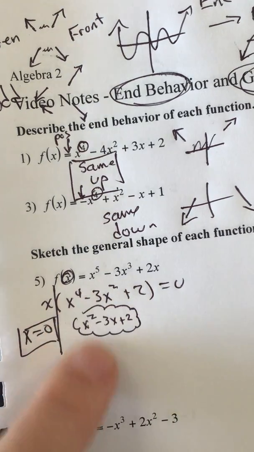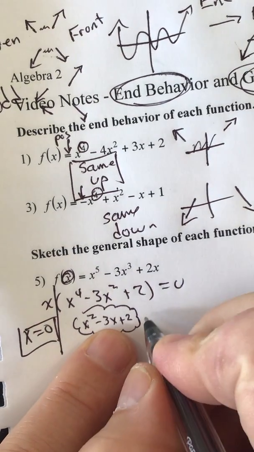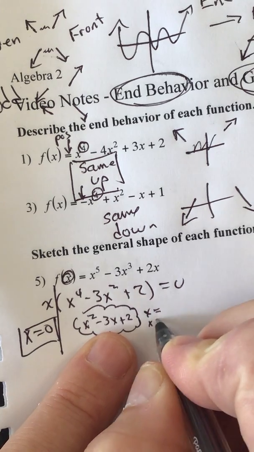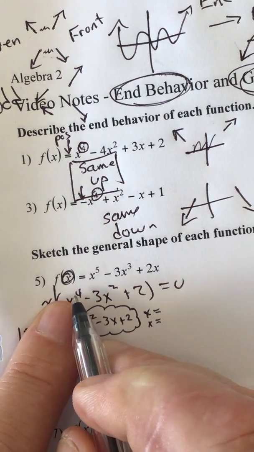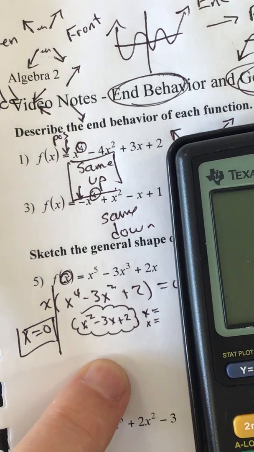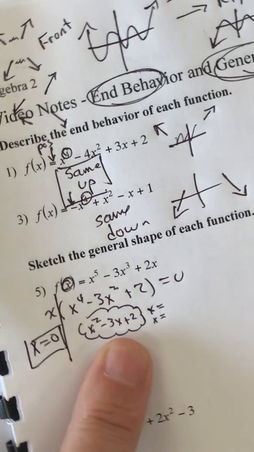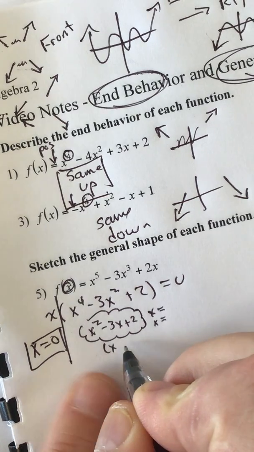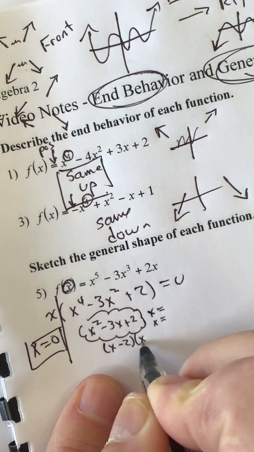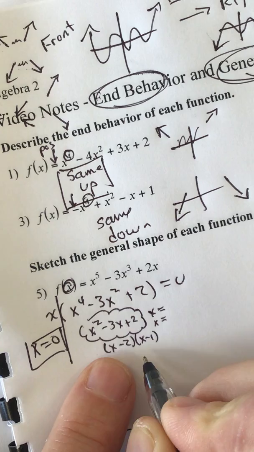If this one factors, that one factors. So this one would be x squared equals the same number. It looks like I could factor that. That would be x minus 2 and x minus 1.